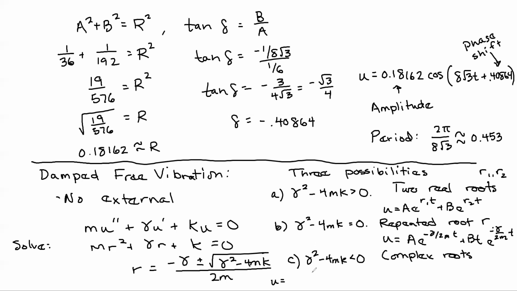So it's going to be u equals A e to the negative gamma over 2m t cosine mu t, plus B e to the negative gamma over 2m t sine mu t, where mu equals the square root of 4km minus gamma squared, all over 2m.